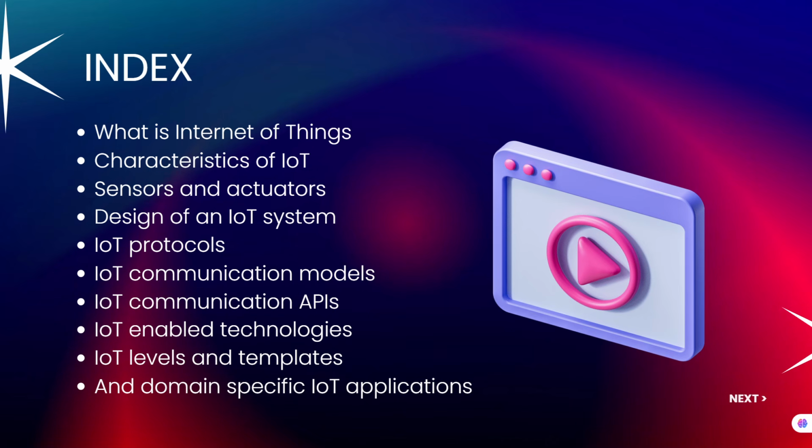In this video, we'll learn what Internet of Things is, what are the main characteristics of IoT, what are sensors and actuators, how an IoT system is designed, what are IoT protocols, what are IoT communication models, what are IoT communication APIs, what technologies support IoT, what are IoT levels and templates, and how IoT is used in different real world domains such as home, city, environment, energy, agriculture, and industry. Now, let's start with the introduction.